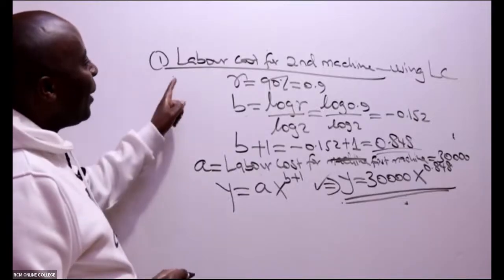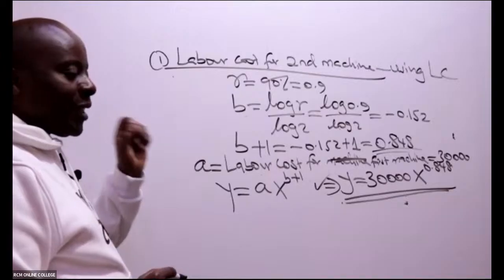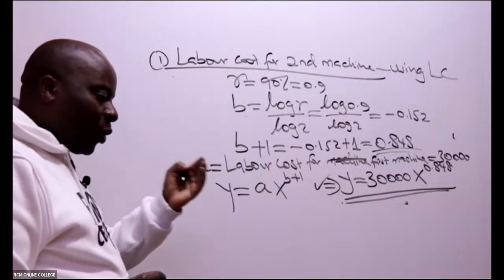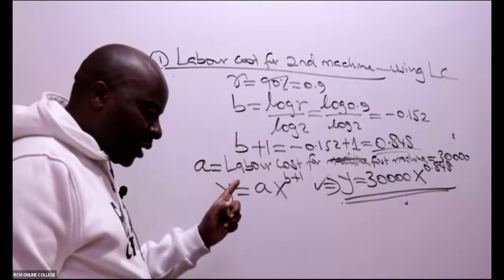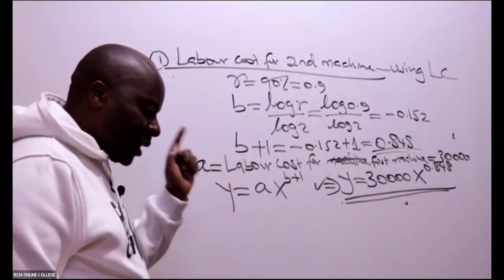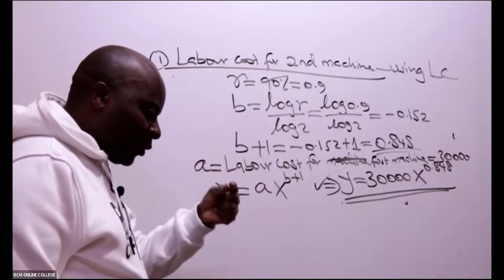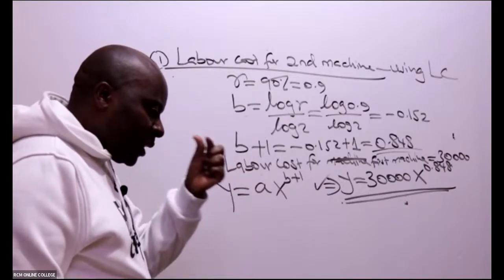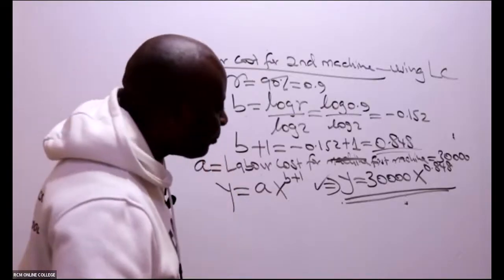Now from there, I'll ask myself, these people want labor cost for the second machine. They don't want the first two machines, no, for the second machine. And then I'll be able to remember very fast that here, there is some expansion to be done because they are specifically looking for a particular positional machine, the second machine.